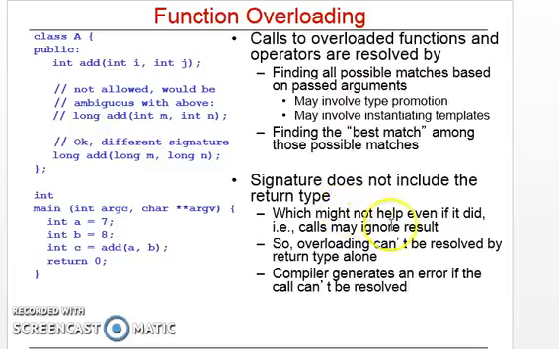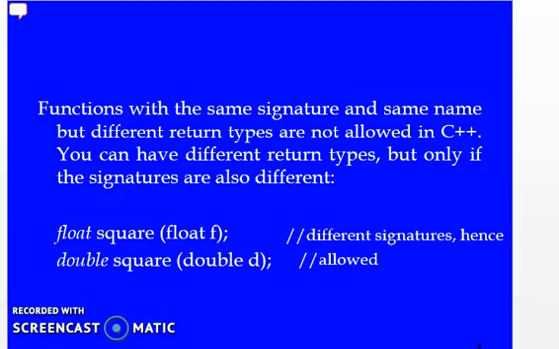This is most important, which might not help even if it did, since calls may ignore the result. So overloading cannot be resolved by return type alone. The compiler generates an error if the call cannot be resolved. Insisting on the same point, functions with the same signature and same name but different return types are not allowed in C++. You can have different return types, but only if the signature also differs.